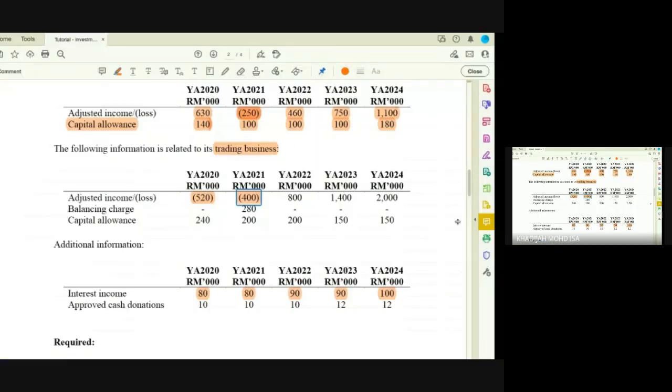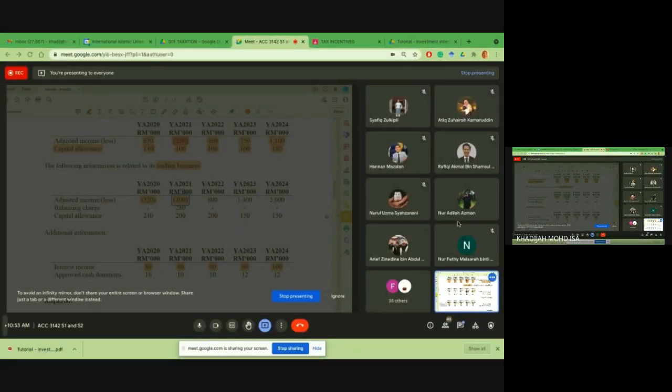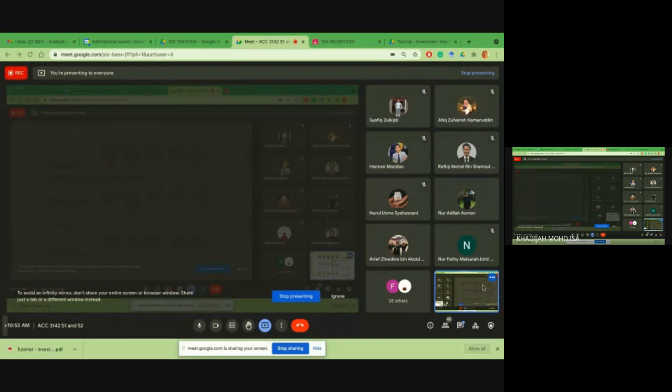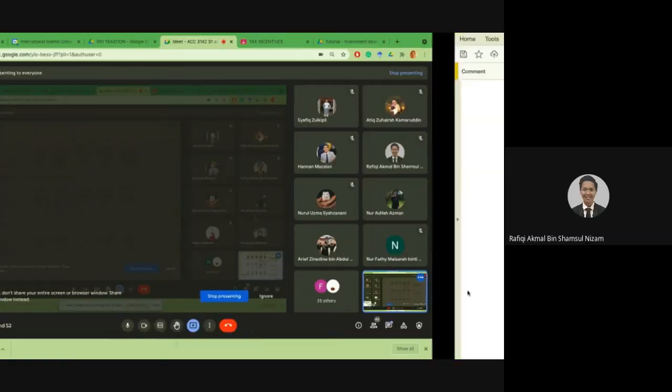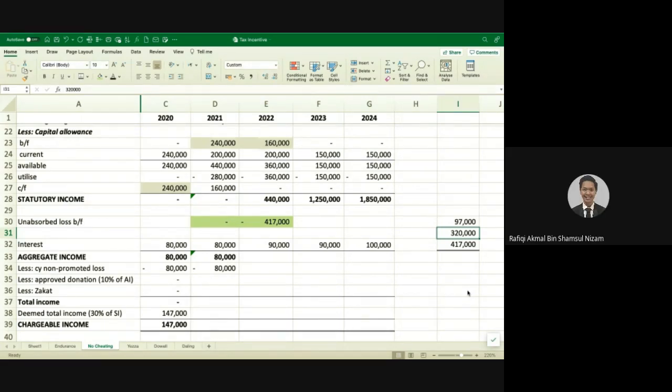If you were to explain again, let's see. Rafiki Akmal. Yes, madam. Explain again how you get 417,000. So the 97,000 is the balance from 2020's loss, but it cannot be set off against 2021 because statutory income is 0. So we carry it forward with the loss from 2021, which is 320,000.